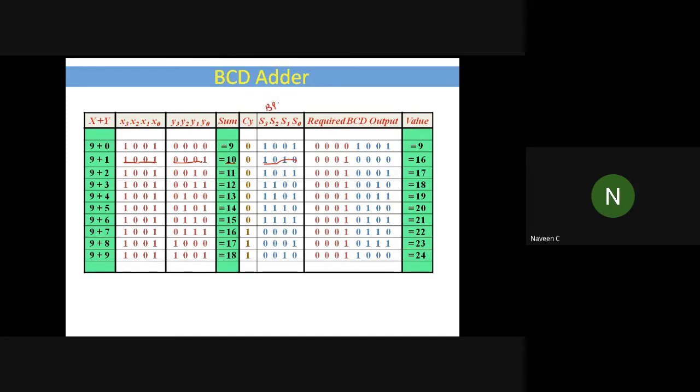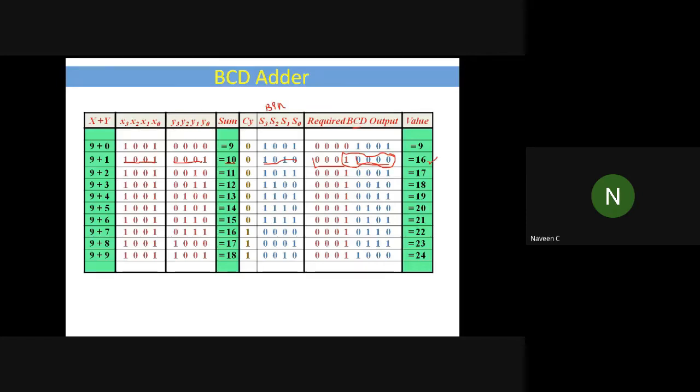It's the same thing I need to represent using BCD. How can I represent this? This 0 I have to represent separately, and this 1 I need to represent separately. If you see combined, the value is 1 0000 0000, 16. So I said that it is plus 6.